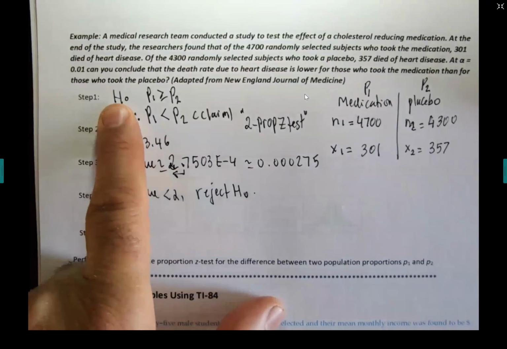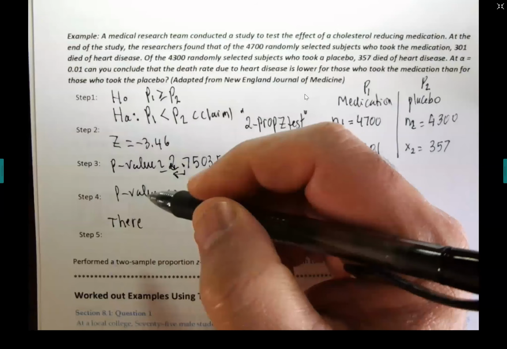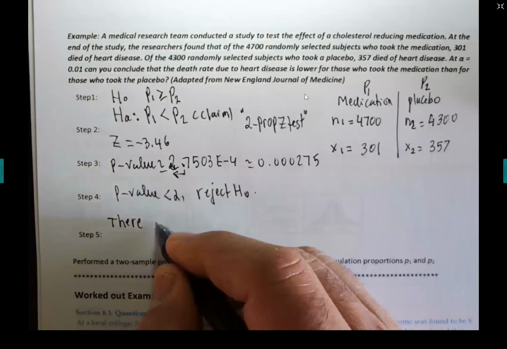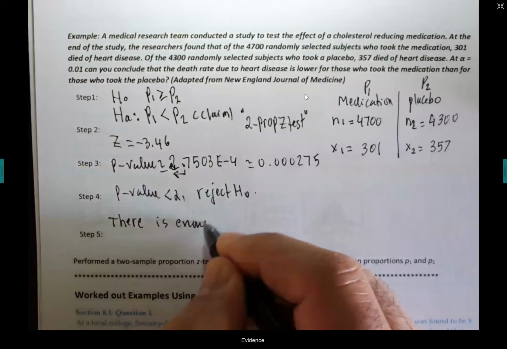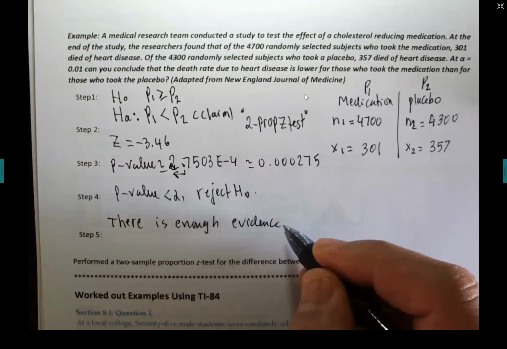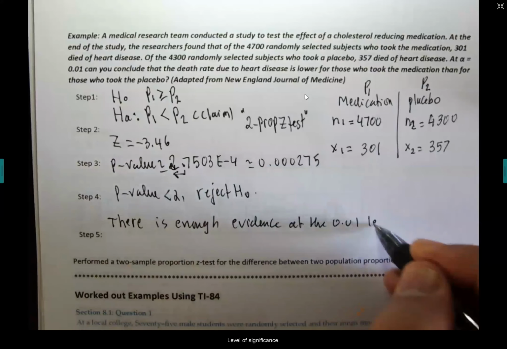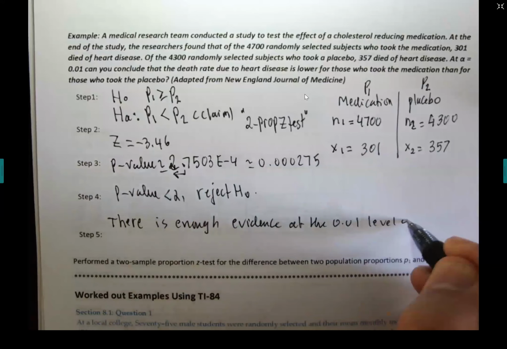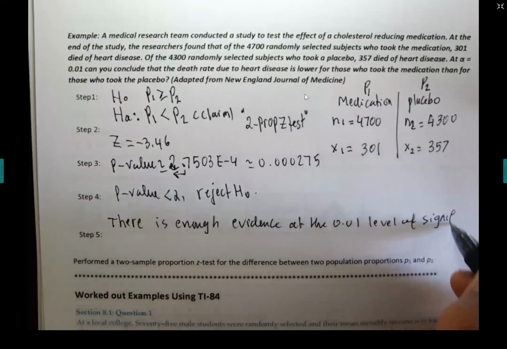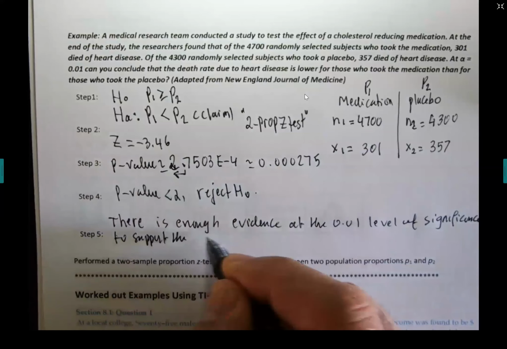So there is enough evidence at the 0.01 level of significance to support the claim, or conclude.